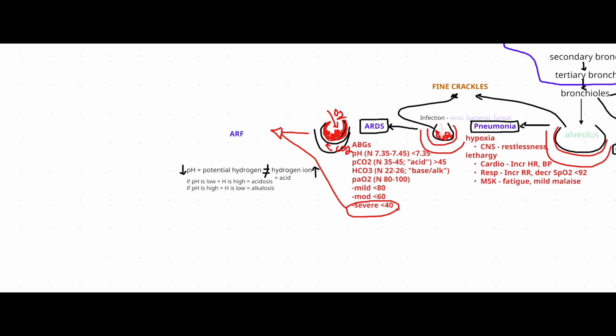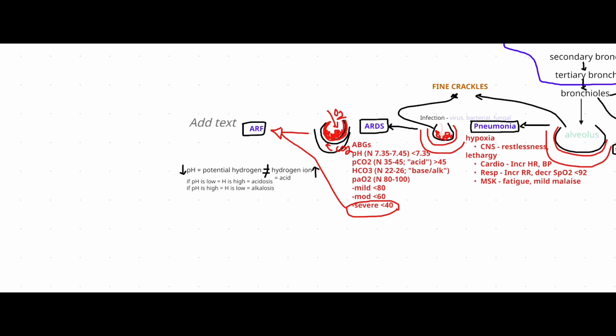So once we have a patient in acute respiratory failure, now the respiratory system is failing. How are we going to differentiate the signs and symptoms of a failure versus ARDS and pneumonia? What happens to the respiration? It's going to be low.